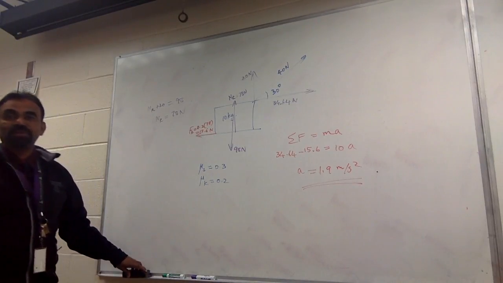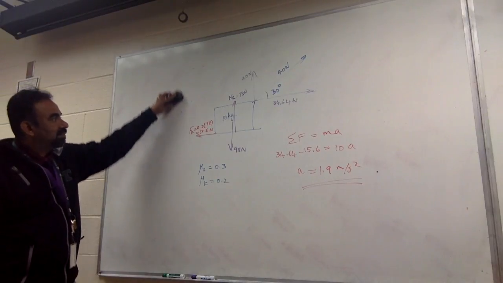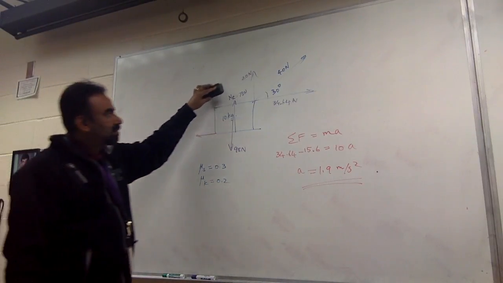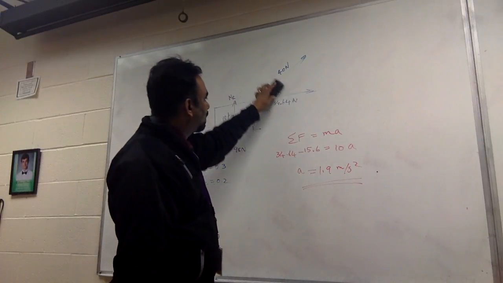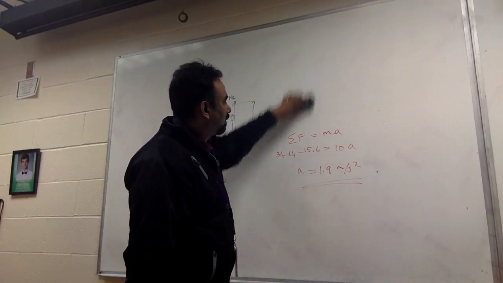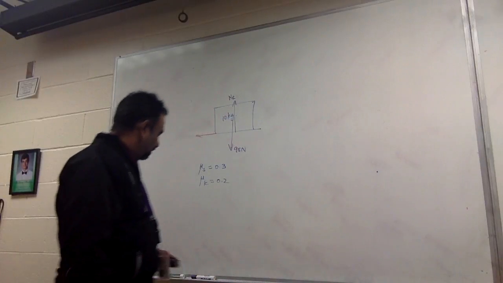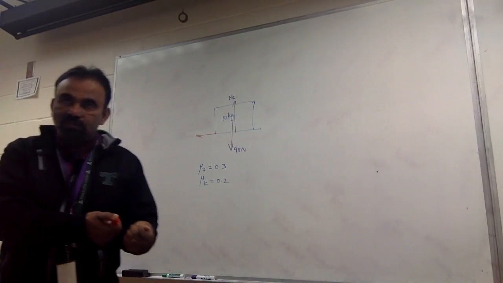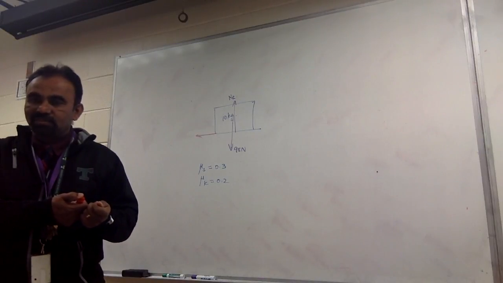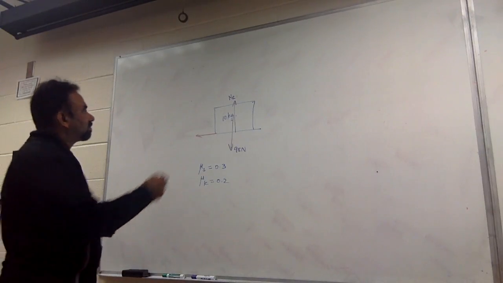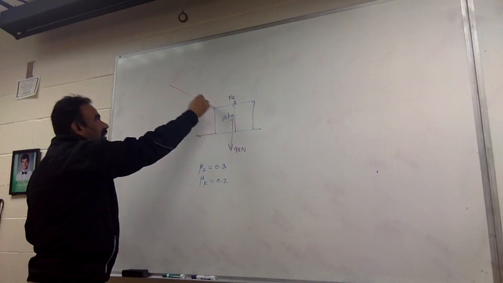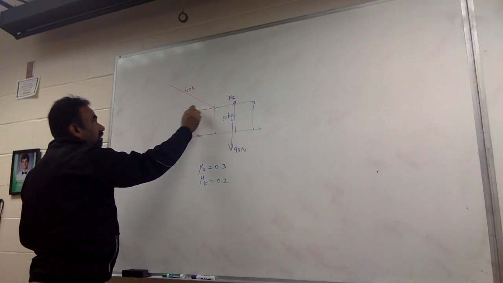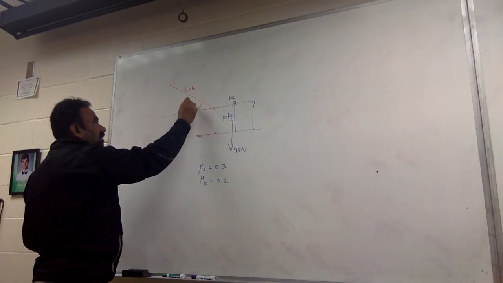Now I'm going to change this problem a little bit. Instead of pulling that box, I'm going to push it now. You're going to push the box with the same force, 40 newtons, and the angle is 30 degrees.